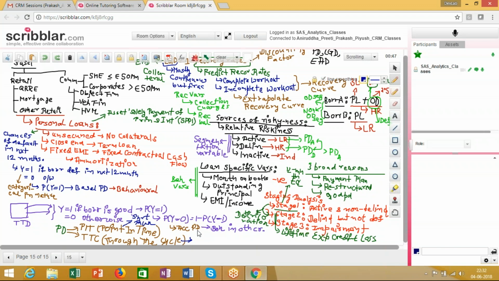From this term you can clearly identify that the through the cycle PD is computed for long term behavior. It talks about a very long term behavior of the accounts.